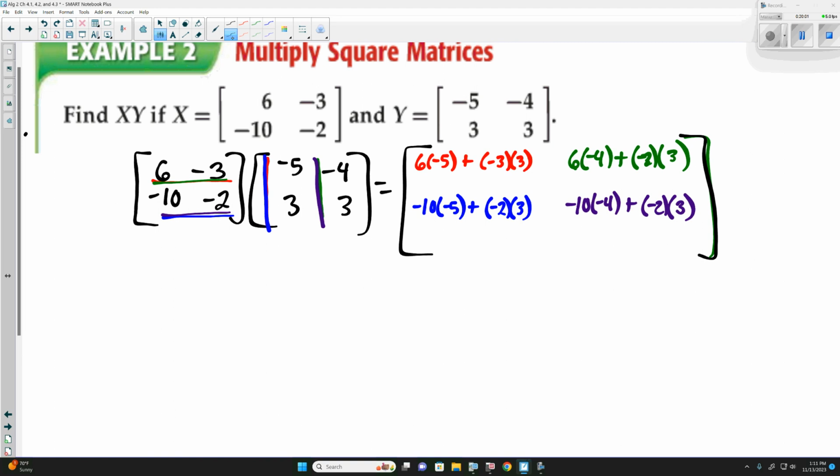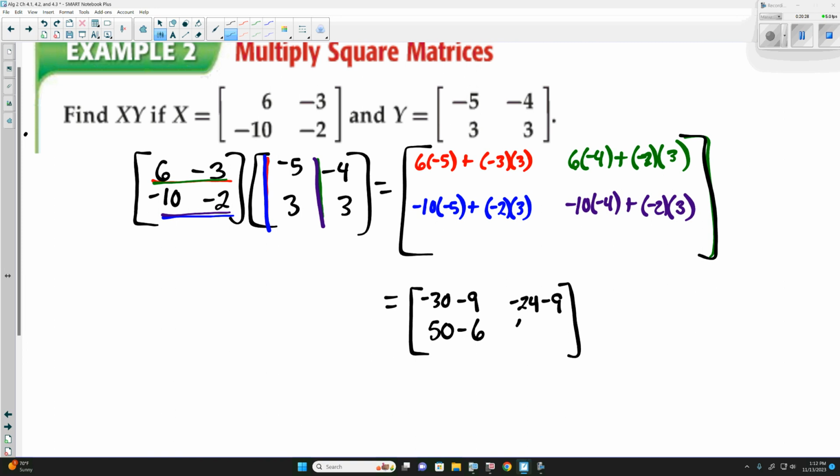Now at this point, we can do some simplifying. 6 times negative 5 is negative 30. Negative 3 times 3 is negative 9. 6 times negative 4 is negative 24. Negative 3 times 3 is, again, negative 9. Negative 10 times negative 5 is positive 50. Negative 2 times 3 is negative 6.